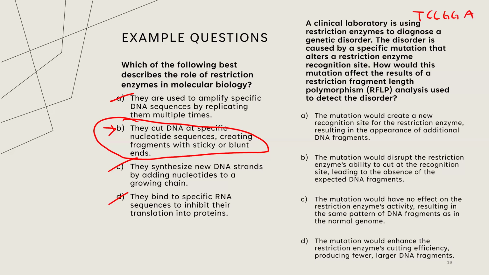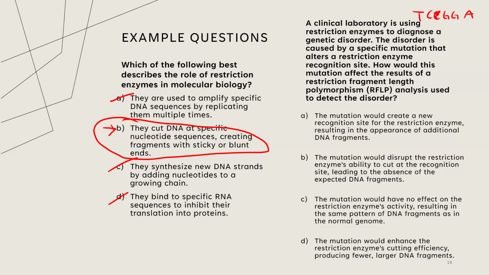Well, if it's going to recognize this sequence and the same thing on the other side, and you're changing it, okay, to that restriction endonuclease, and this disorder is caused by a mutation that alters a recognition site. So normally it could cut here, but now it can't.